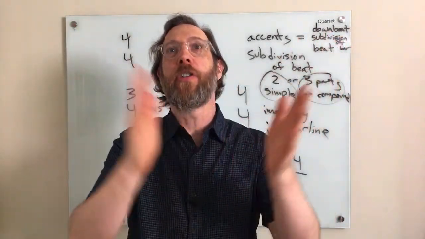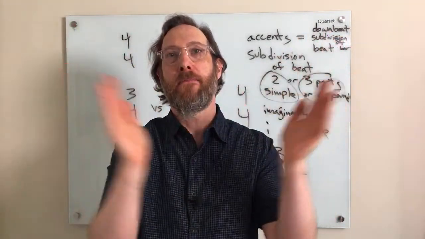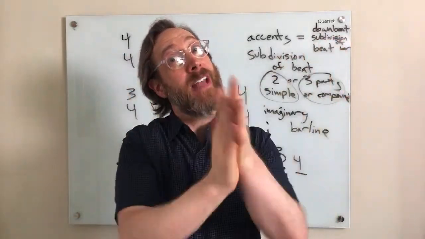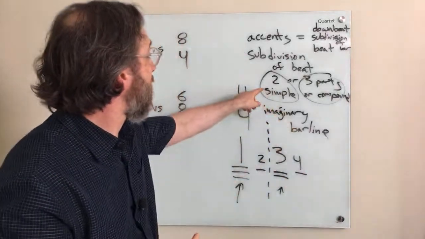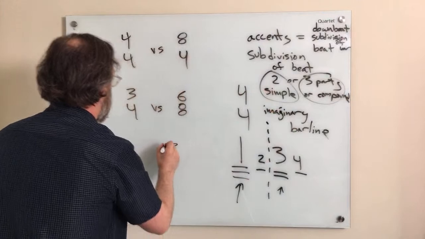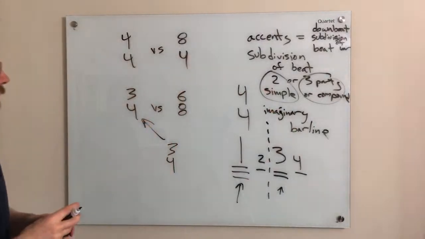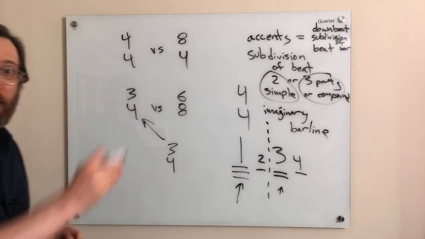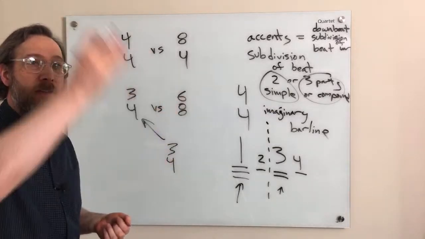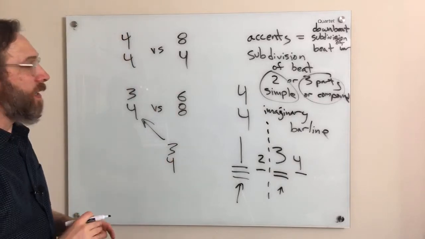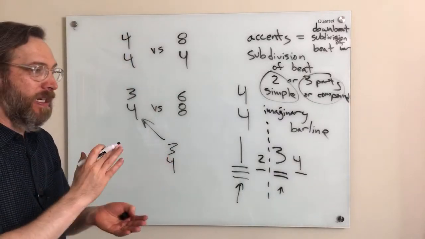Bum 1 2 1 2 bum bum bum bum 1 2 1 2 dum. It's into 2 parts. So that's simple meter. So what I just sang was 3/4. Got 3 beats per measure because you can hear the accent, soft, soft, loud, soft, soft, and then simple because the beat is being divided.